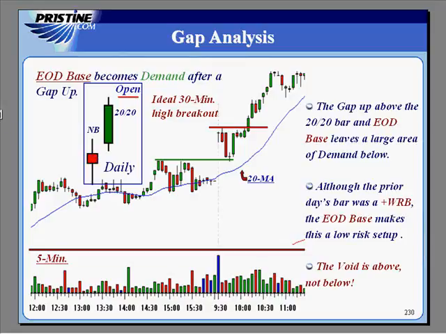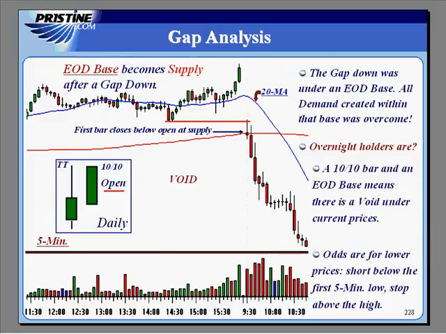We looked at an example of a gap and go type of situation here, where you're getting in after the first 5-minute bar, at a gap down under the base. And so again, you're formulating your strategies based on the daily chart, the intraday chart, and the setup that happens in the morning.